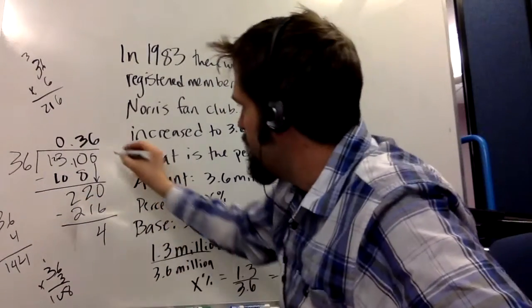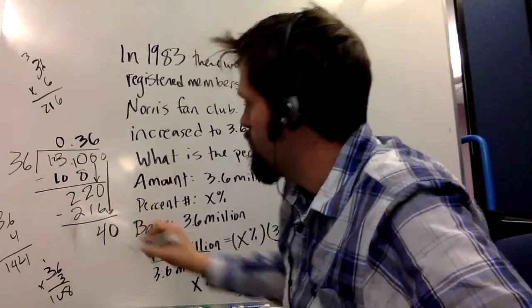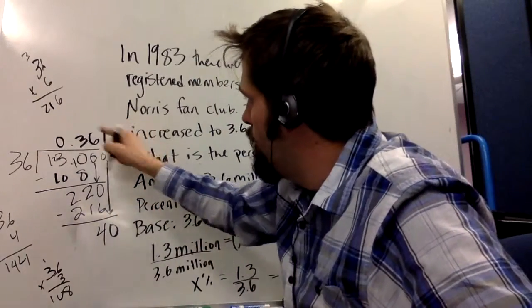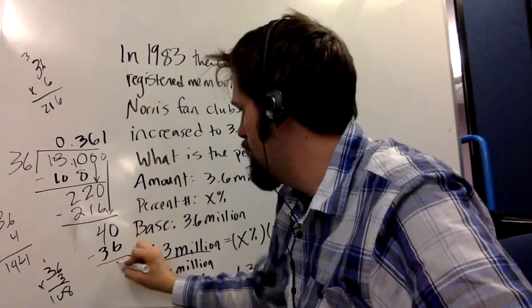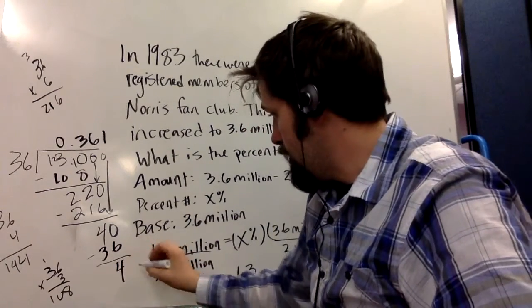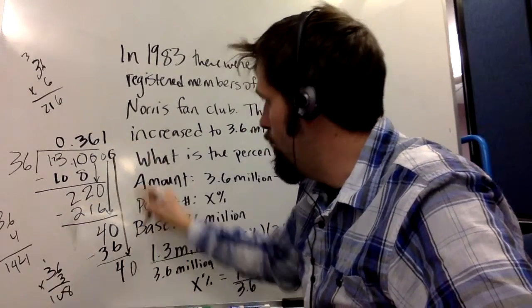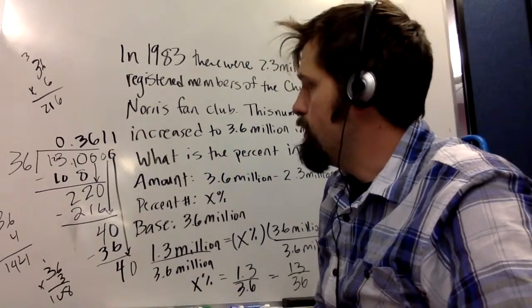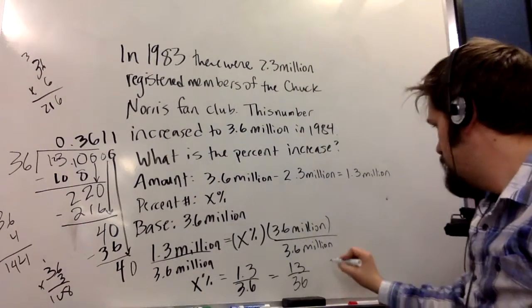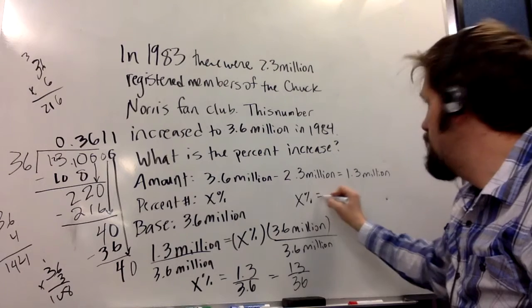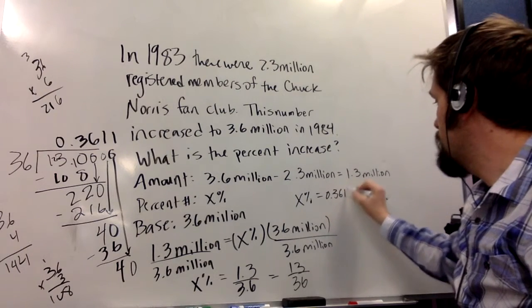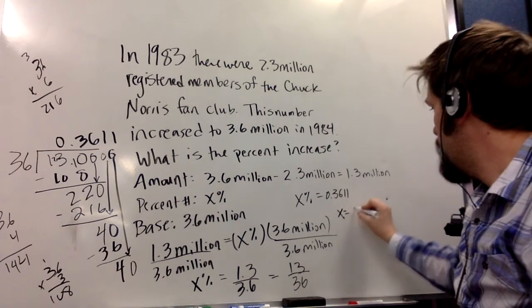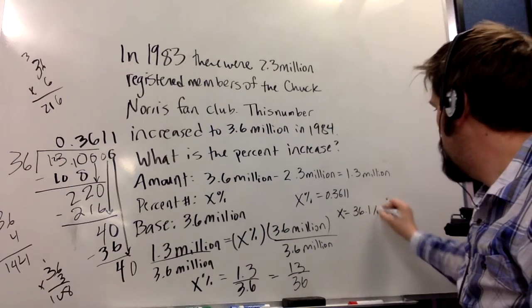And now I need a couple more digits to round to the nearest tenth of a percent. One group of 36. And now I can see that I'll have another 1 in the quotient. So I know that this, to the nearest tenth of a percent, equals 0.3611. Therefore, x is 36.1%.